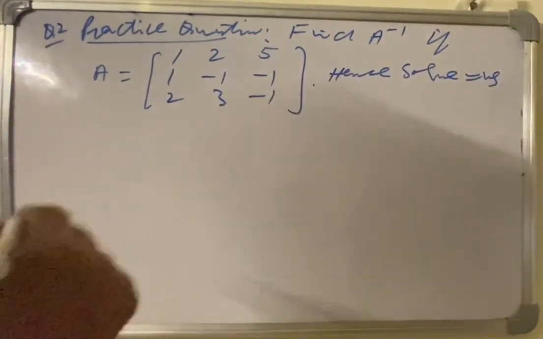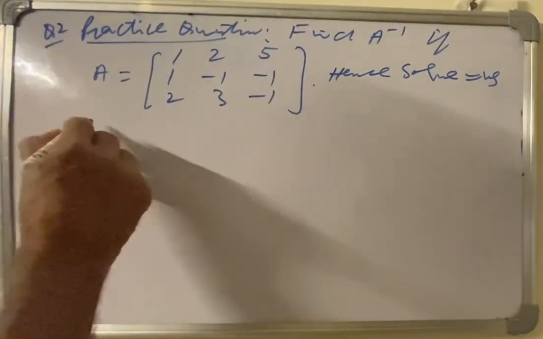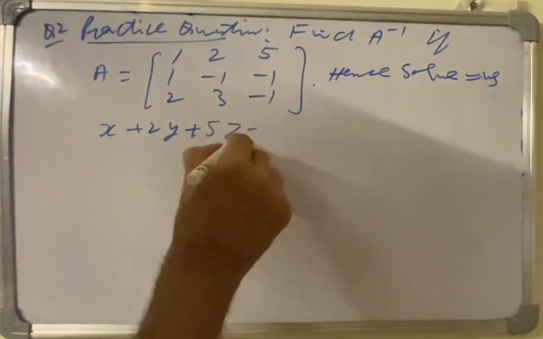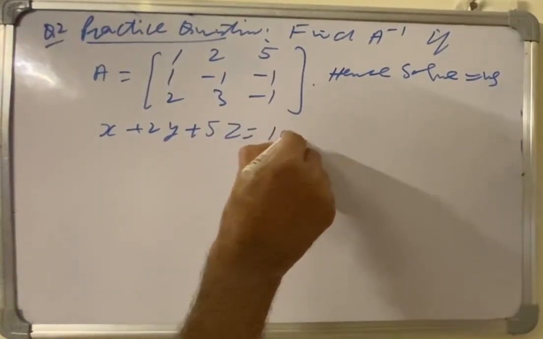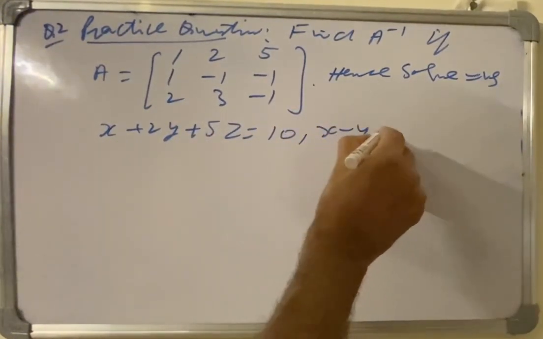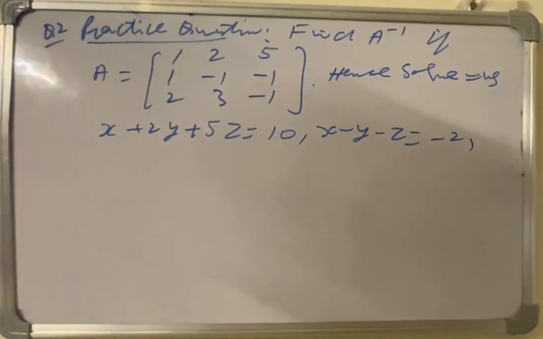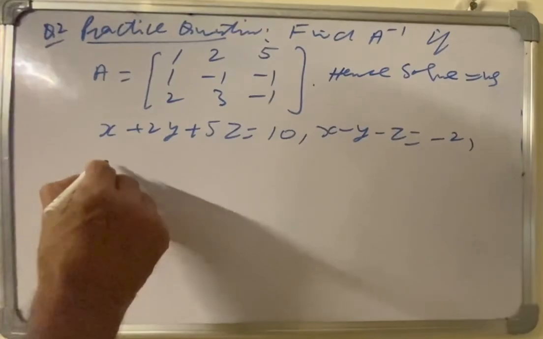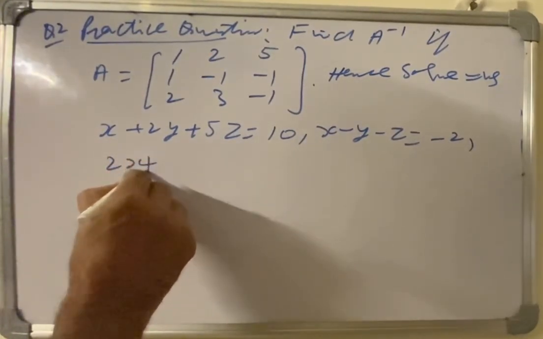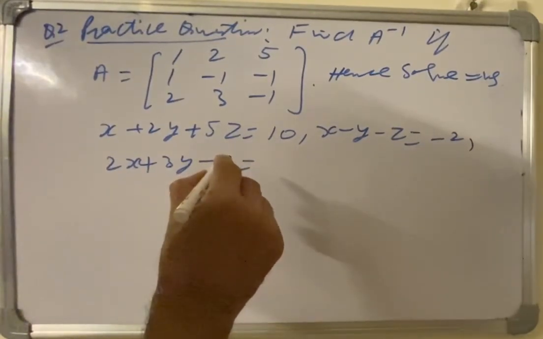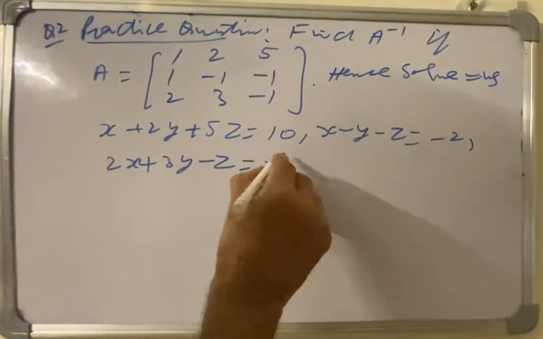equations x plus 2y plus 5z is equal to 10, then x minus y minus z is equal to minus 2, 2x plus 3y minus z is equal to minus 11.